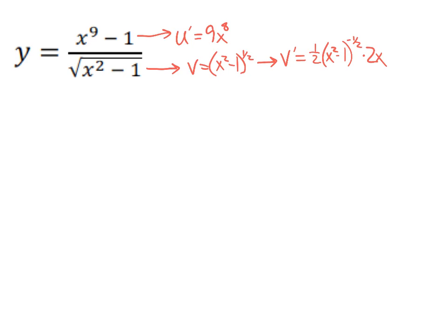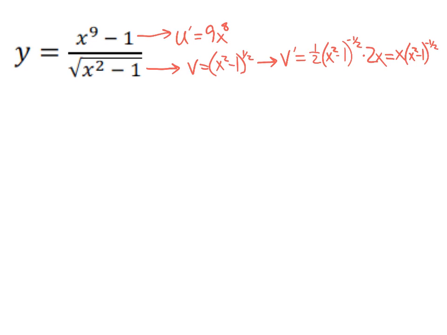Now, I don't want you to simplify the negative at this point. It'll actually be easier, and you'll see that in a sec. So here I will simplify the 1/2 times the 2x, so it's going to be x times x squared minus 1 to the negative 1/2. Okay? So that is our v prime.